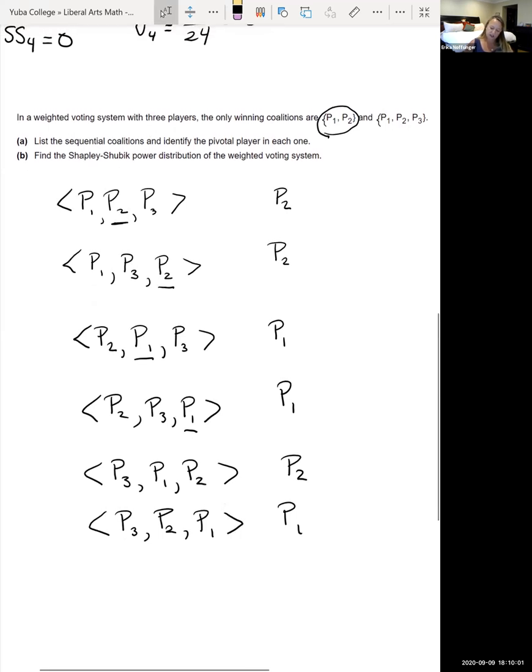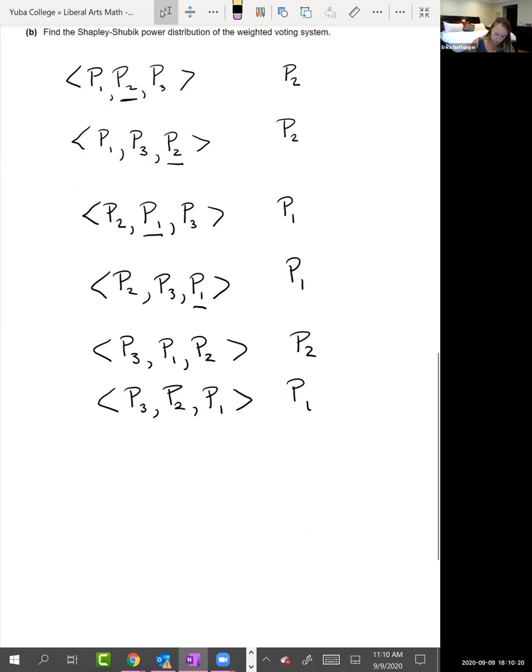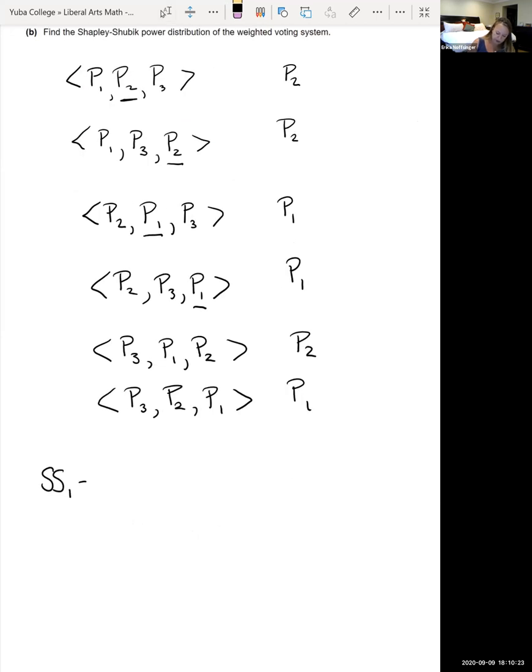And so we listed all the sequential coalitions and we identified the pivotal player in each one of those. And then from that, we can now decide what the Shapley Shubik power distribution of the weighted voting system is. So player 1, let's do that first.